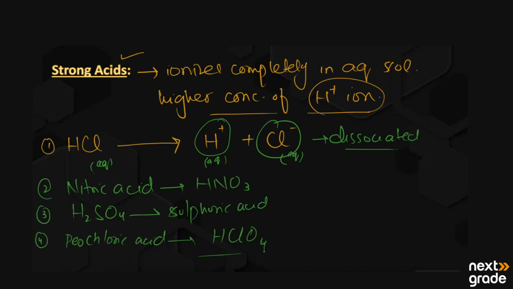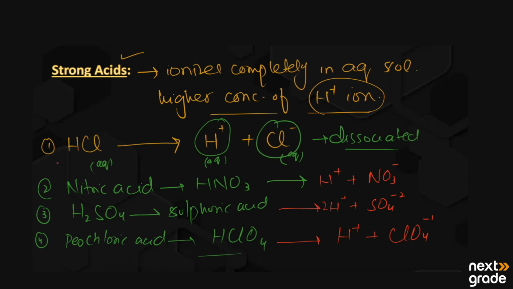When they are dissolved in water, they produce ions: nitric acid produces H positive and NO3 negative, sulfuric acid produces H positive and sulfate ion, 2 negative, and perchloric acid produces H positive and perchlorate ion, ClO4 negative.